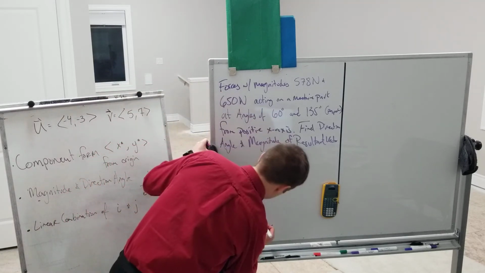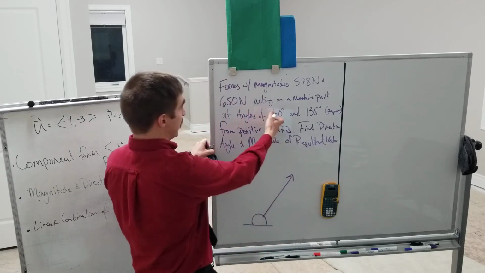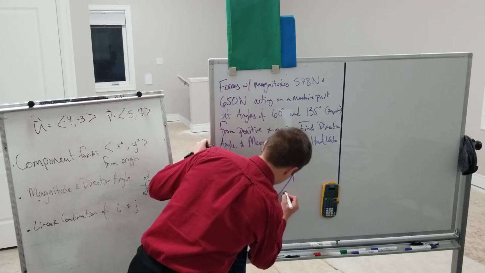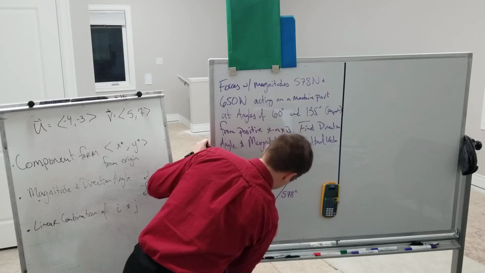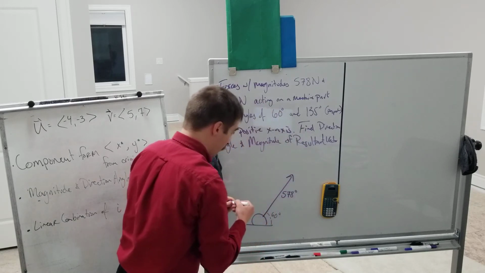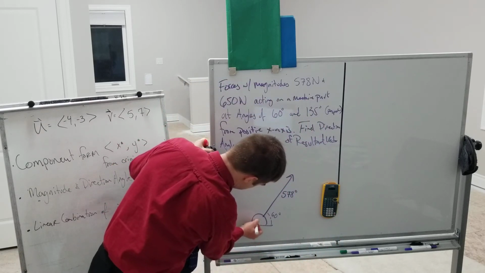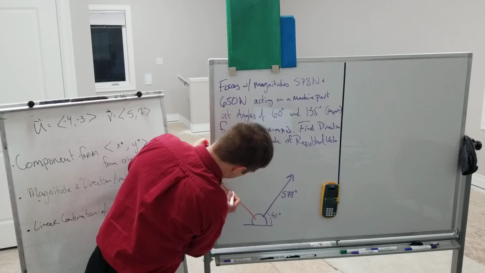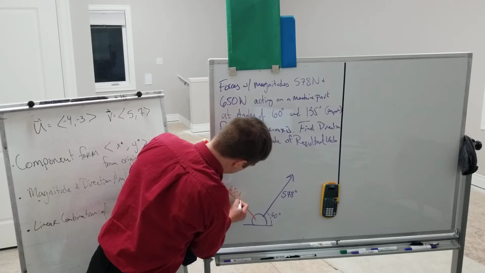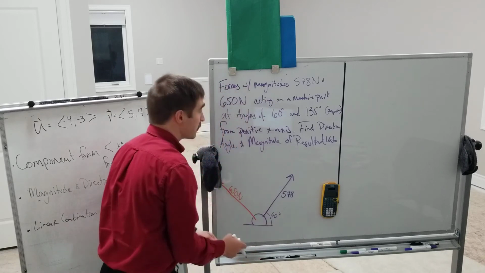And we have a 60-degree force. The 578 newtons is at this angle here, 60 degrees. And then we have a 135-degree angle with 650 newtons. Oh, that 578 should be newtons.